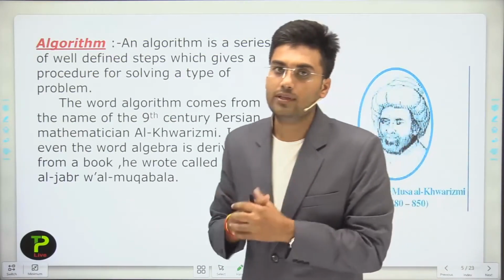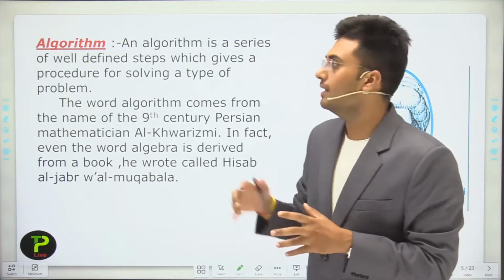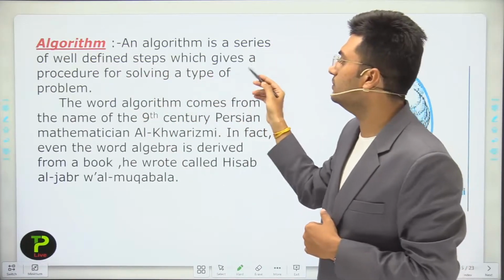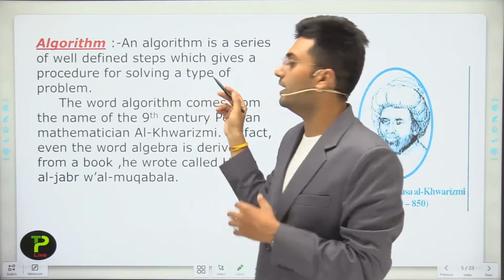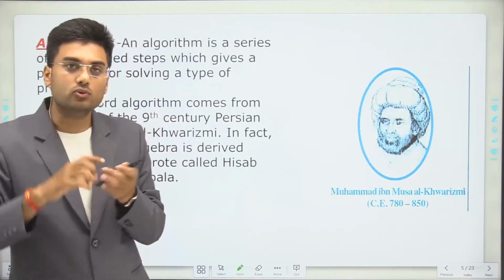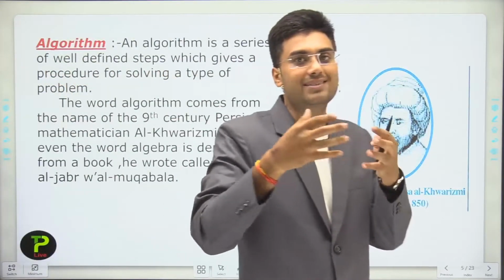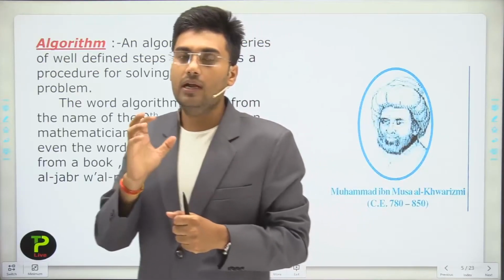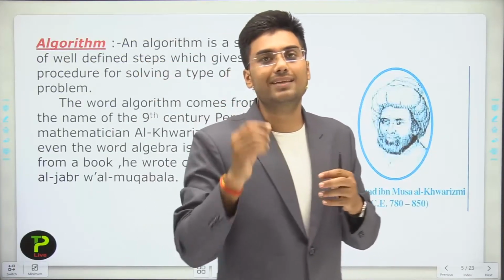What is an algorithm? An algorithm is a series of well-defined steps which gives a procedure for solving a type of problem. If we have a problem and to solve it we have well defined steps, then these steps are known as an algorithm.